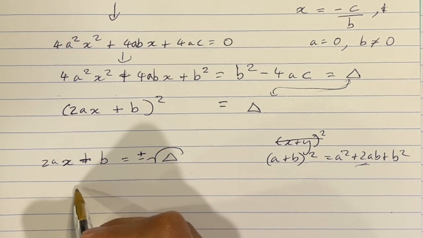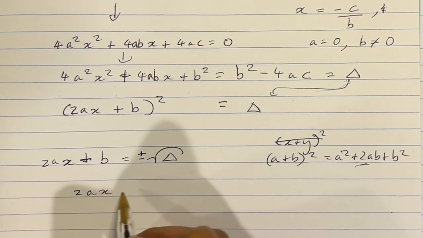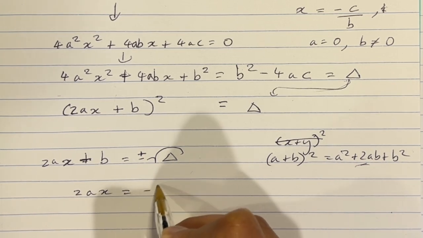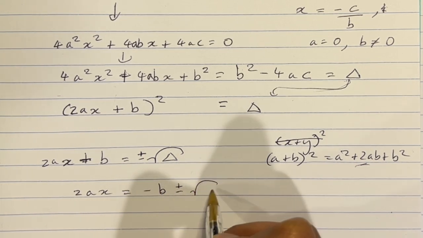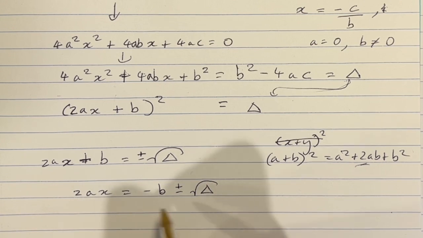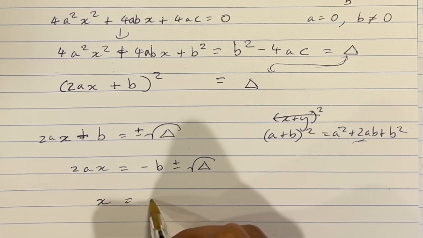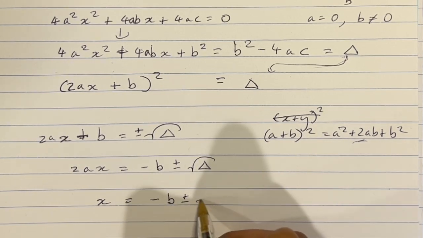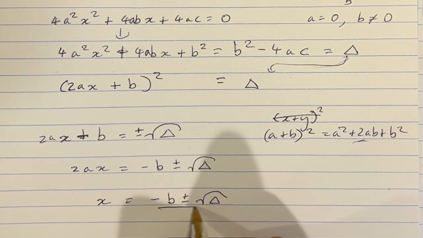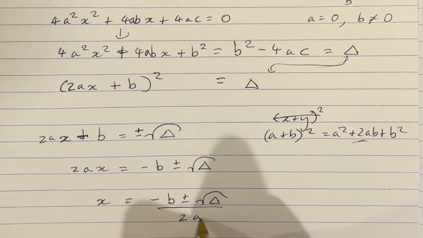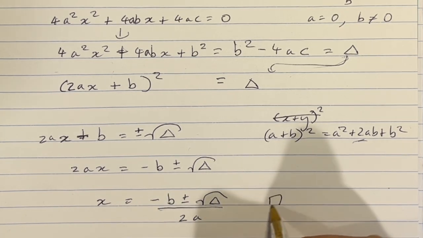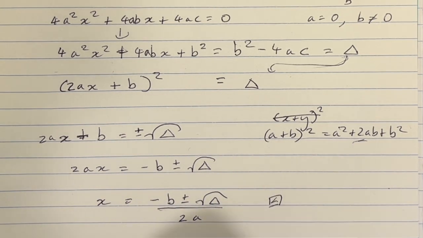And so we subtract b from both sides, we get 2ax equals minus b plus or minus the square root of the discriminant. And then we divide through by 2a, because we said a is non-zero. x is equal to minus b plus or minus the square root of the discriminant over 2a. And we're done. This is the quadratic formula.